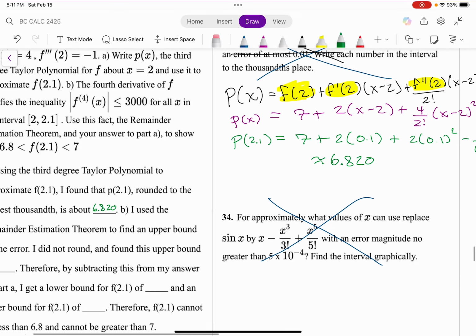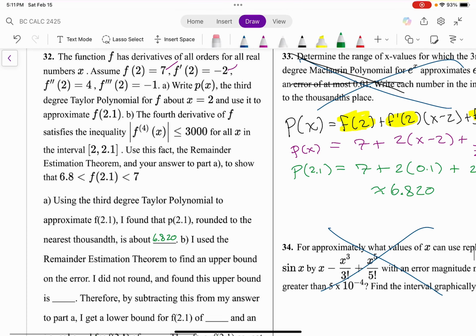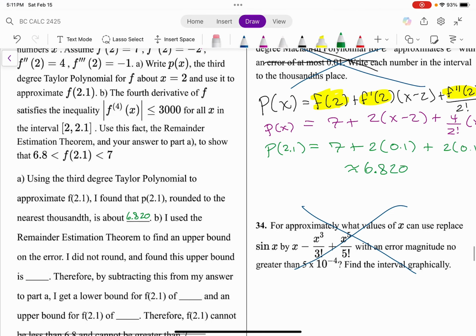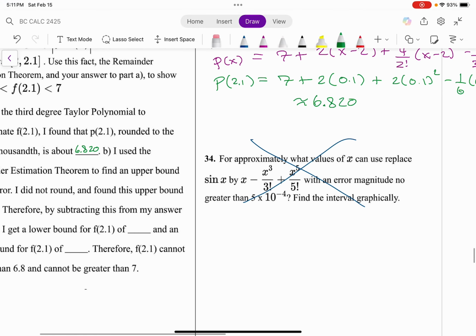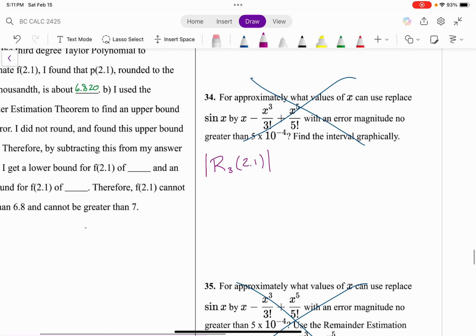So now let's use the remainder estimation theorem to find an upper bound. So the remainder estimation theorem says that, so we're using the third degree Taylor polynomial to approximate the function at 2.1, and that'll be less than or equal to the maximum value of the fourth derivative.